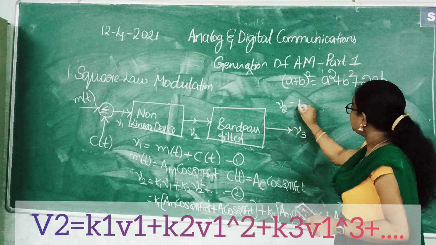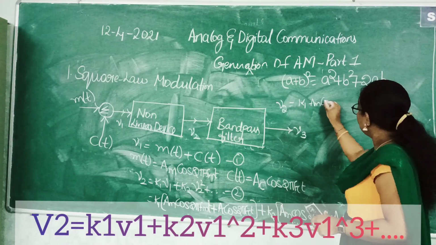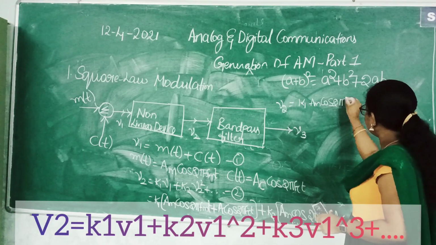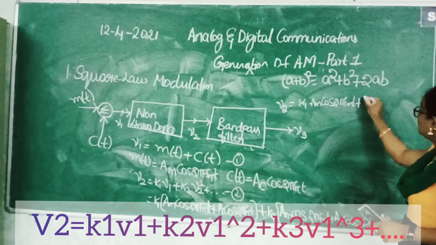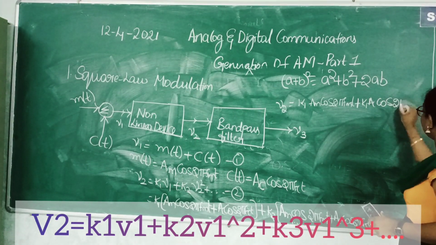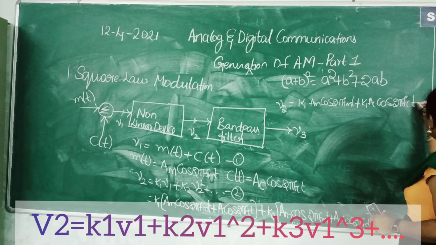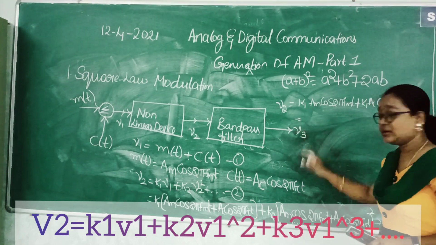Upon elaboration I am going to get K1 Am cos 2 pi fmt plus K1 AC cos 2 pi fct. What is the next term?